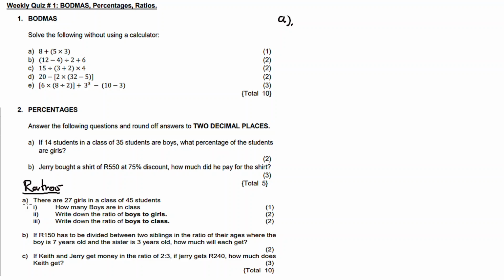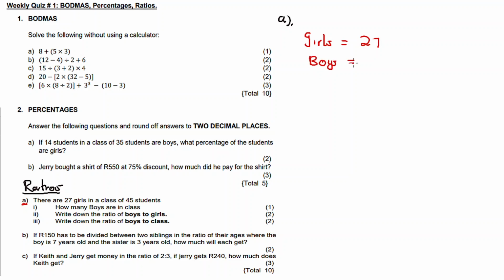So in this question A, we have 27 girls in a class of 45 students. So in total there's 45 students in the whole classroom. Out of the 45, 27 are girls. So I have girls that are 27, right? I also have boys in the classroom.